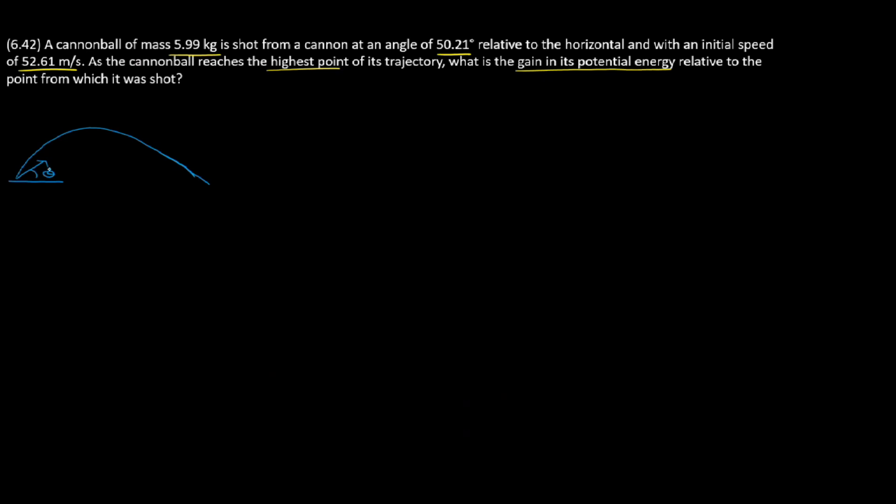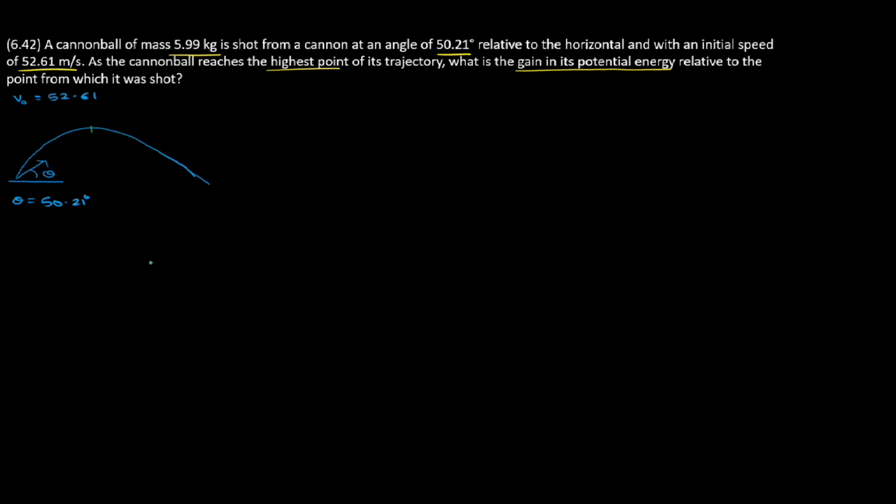And the initial velocity with which the cannon was shot, I will write it as V0, which is 52.61. I need to find what is the gain in potential energy at the highest point. So the highest point is this point over here, the highest point on the trajectory. We need to find what's the potential energy at this point.